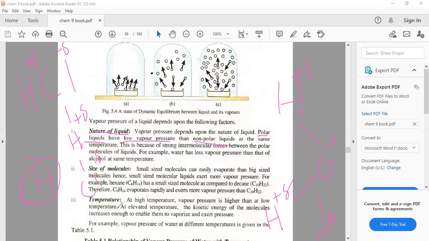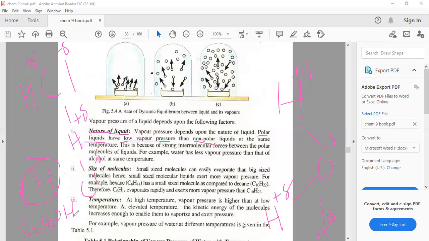Or take any kind of alcohol, for example C2H5OH, ethyl alcohol. In these kinds of molecules, they do not have negative and positive poles. They do not have strong intermolecular forces.